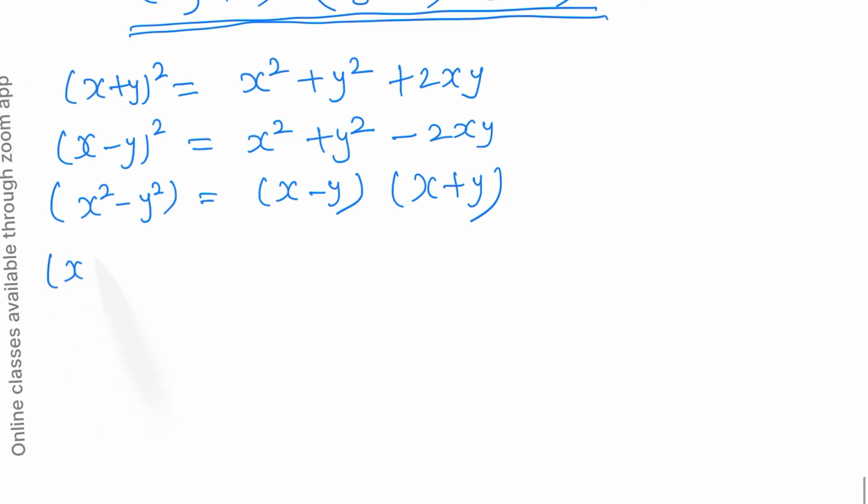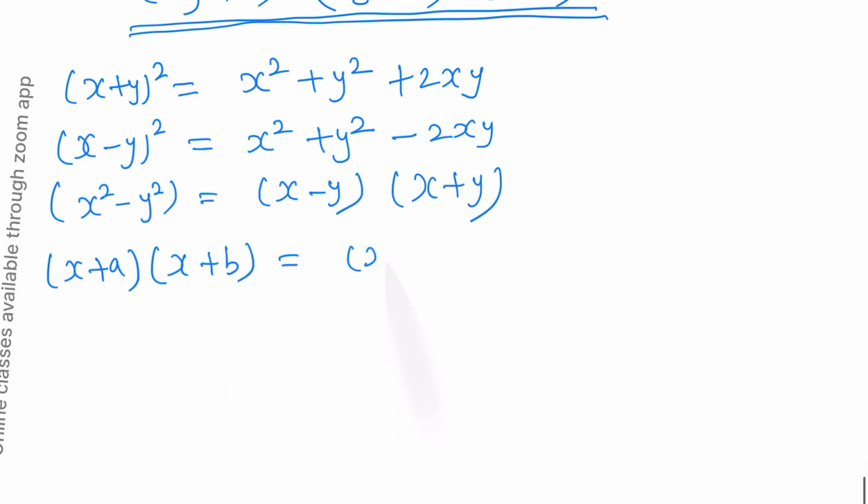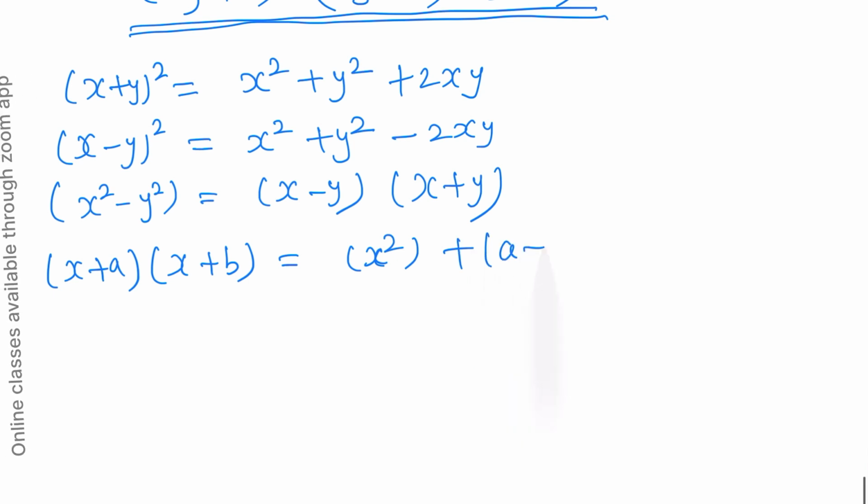Then x plus a into x plus b is equal to x square plus a plus b into x plus ab.